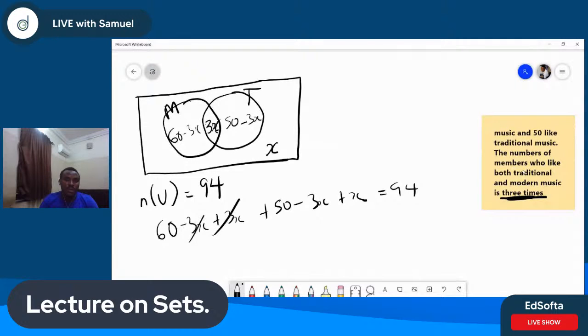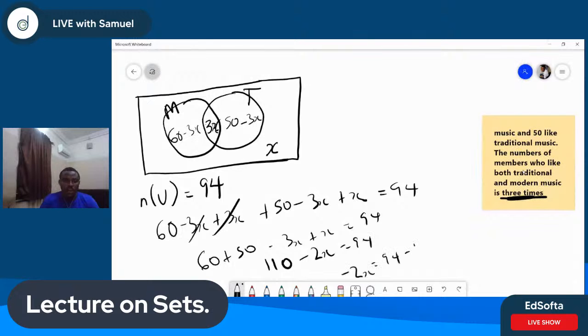This should cancel this. 60 plus 50 minus 3x plus x will give us minus 2x. So that's 110 minus 2x equals 94. So minus 2x will be 94 minus 110, which is minus 16, and x will be minus 16 over minus 2, which is 8.